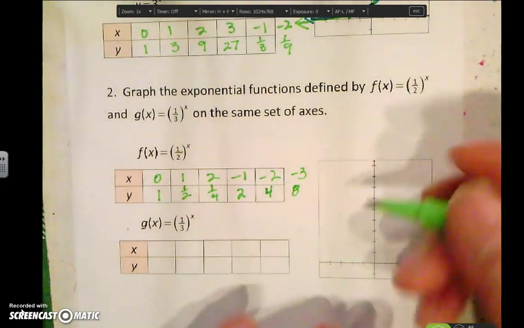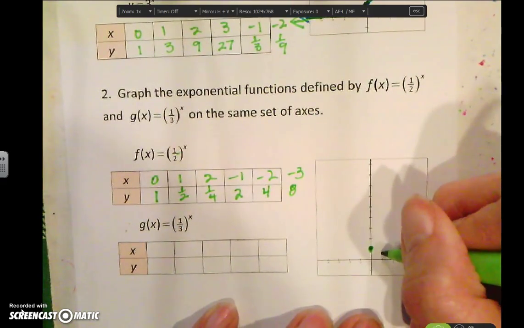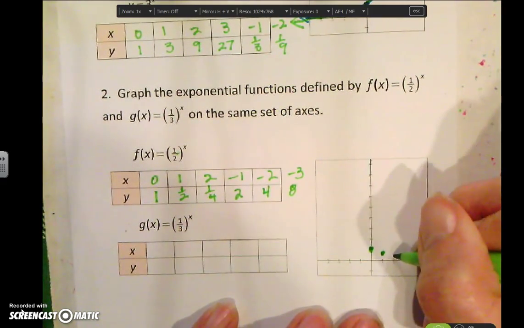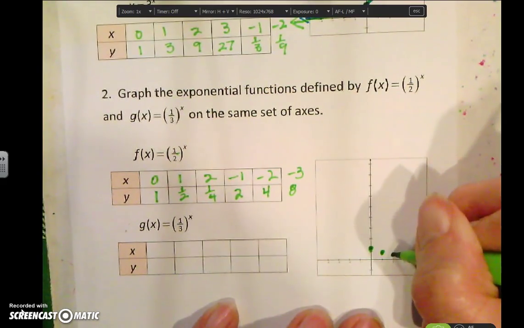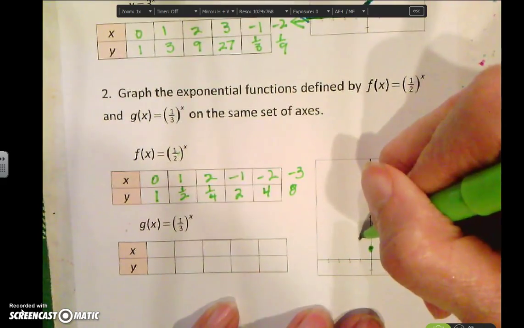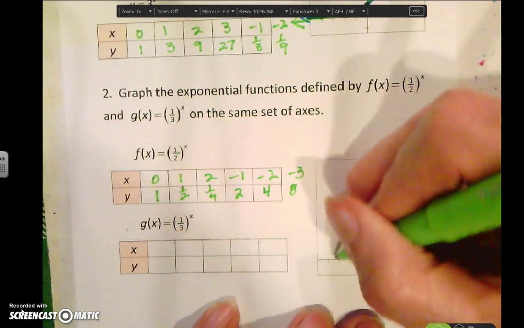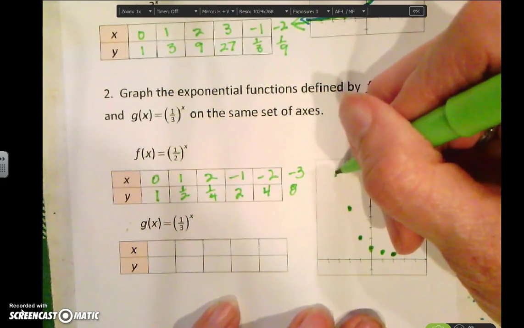So when I graph this one, I have 0, 1; 1, 1/2; 2, 1/4; and then -1, 2; -2, 4; and then -3 is going to be 8 up here.